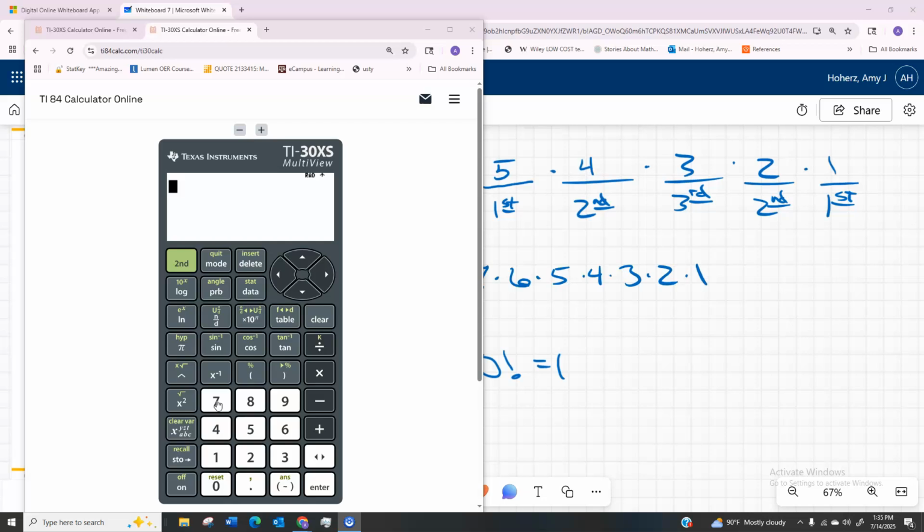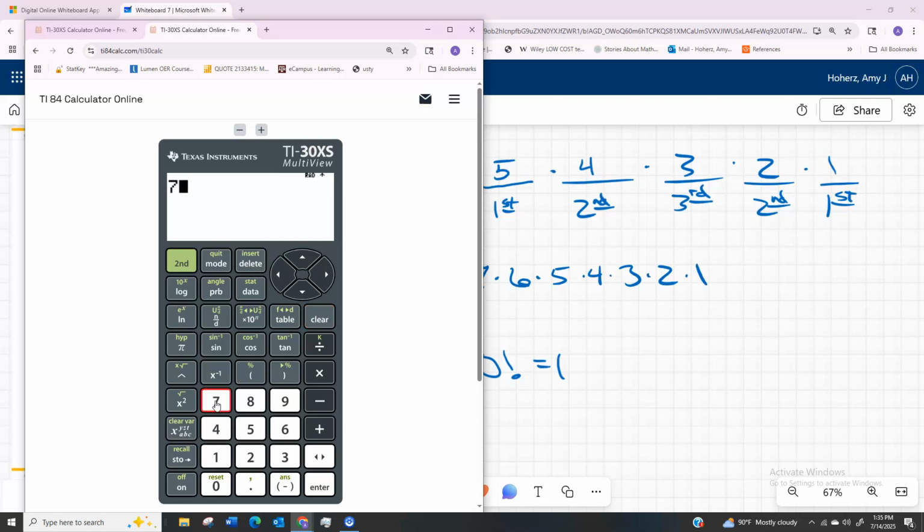So if we want to do 7 factorial, we would do 7. Then we would hit probability, go down and select the exclamation point looking symbol. That would give us 7 factorial, and then we would hit enter. So 7 times 6 times 5 times 4 times 3 times 2 times 1 is 5,040. Let's go through that again.